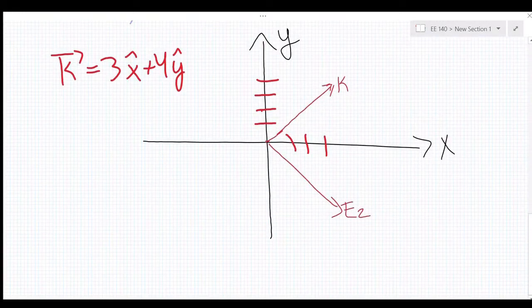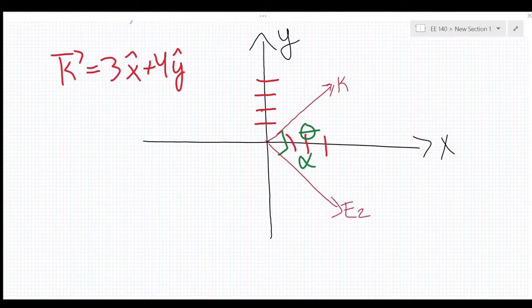Okay, so I'm going to further explain why that ratio is true. K is perpendicular to both E1 and E2 using the right-hand rule, so they're perpendicular to one another. We define the angle between k and the x-axis as theta, and the angle between the x-axis and E2 as alpha.